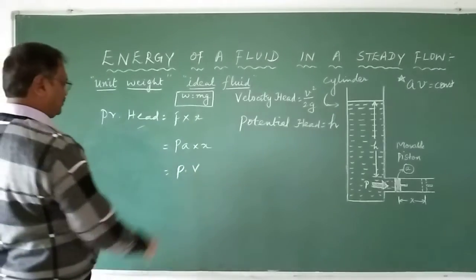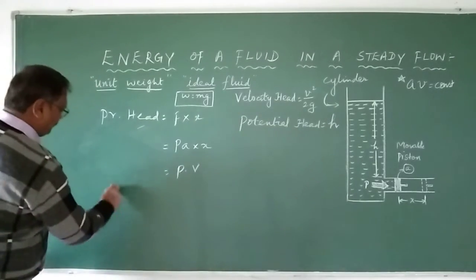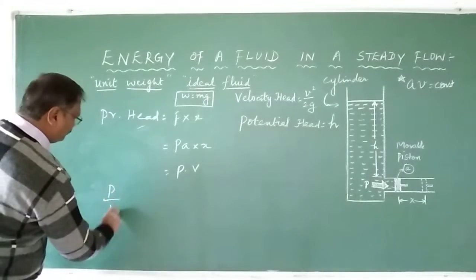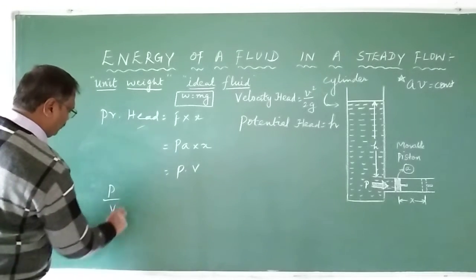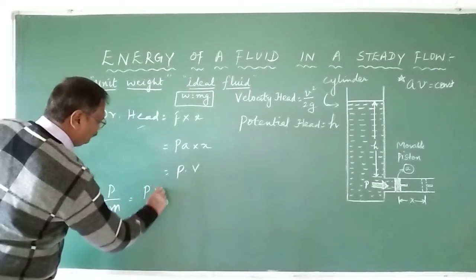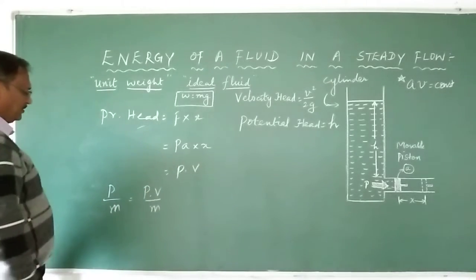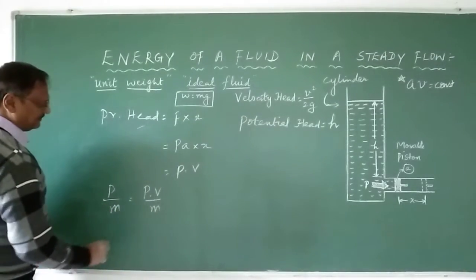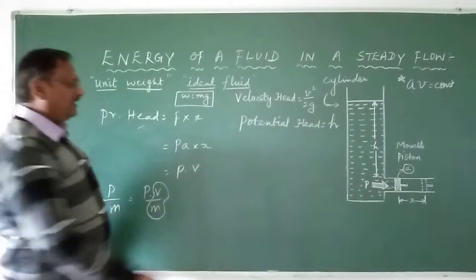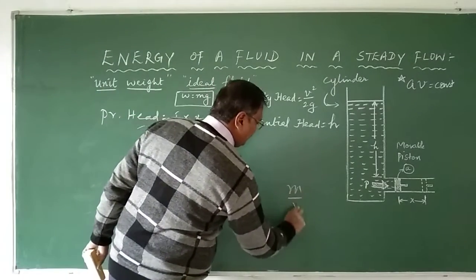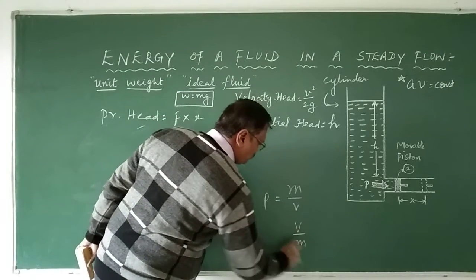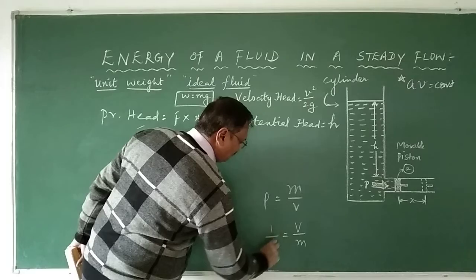Now pressure head is going to be pressure energy per unit mass, so not volume but mass, that is equal to P into V upon m. What is V upon m? M upon V is density, and V upon m, the reciprocal, is 1 upon rho.